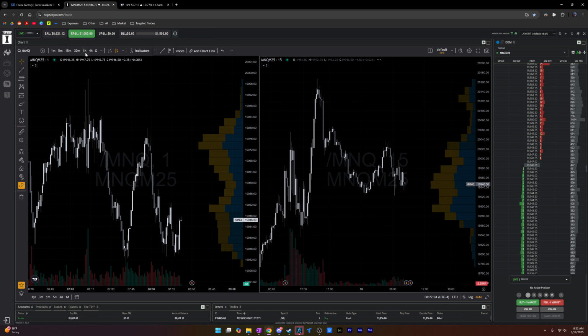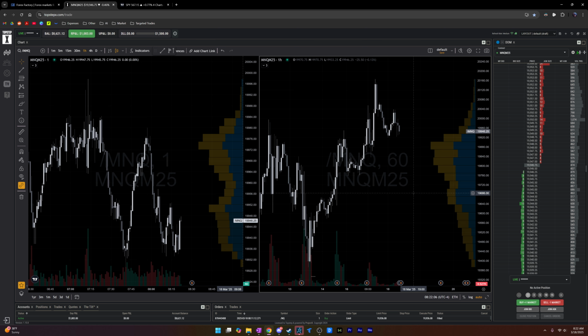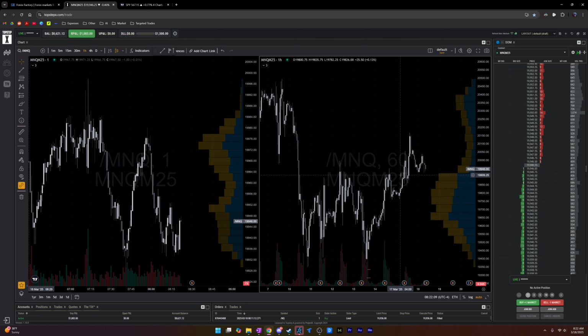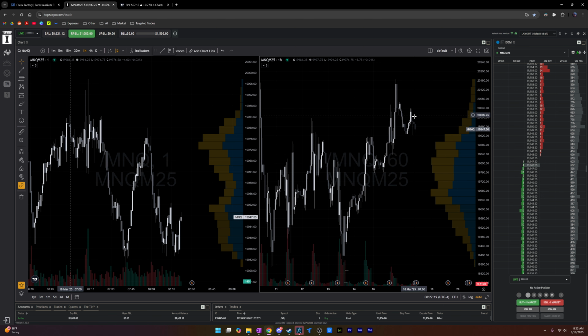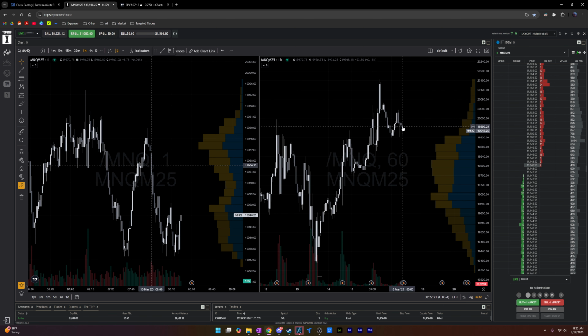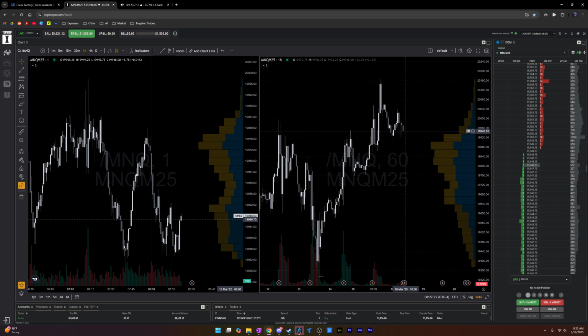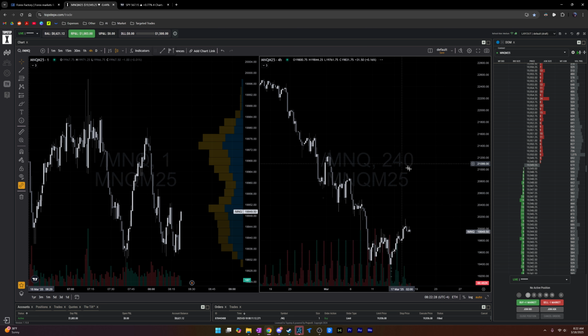So right now let's go to the hourly, get a little bit of bias. We had this move up, probably took out this liquidity, and we instantly reversed. We retest it. So I think my sentiment right now is a little bit bearish. Let's see if that aligns with the 4-hour.